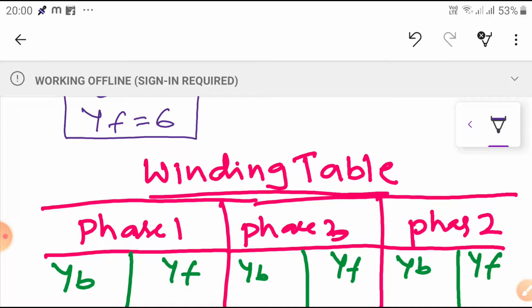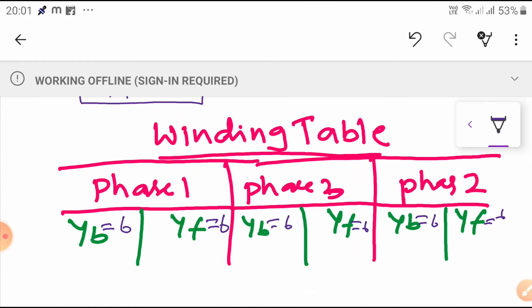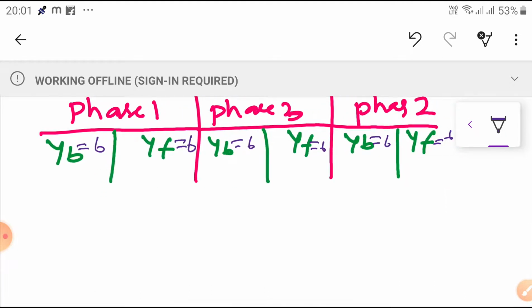Under phase R1, back pitch YB and front pitch YF are both 6 and 6. Now, based on this, we will draw the winding table for one phase first of all.